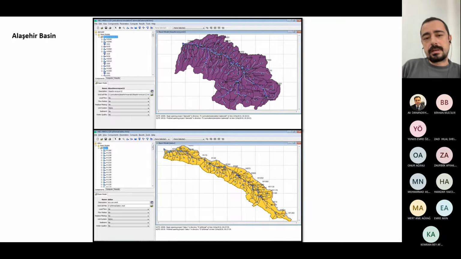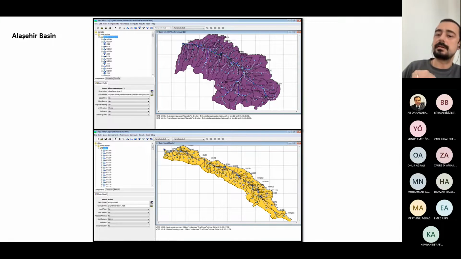All right, this is a project that ran from 2016 to 2019, I think. It is a TÜBİTAK funded project. For this area, we designed 2 hydrological models utilizing 2 different methods.